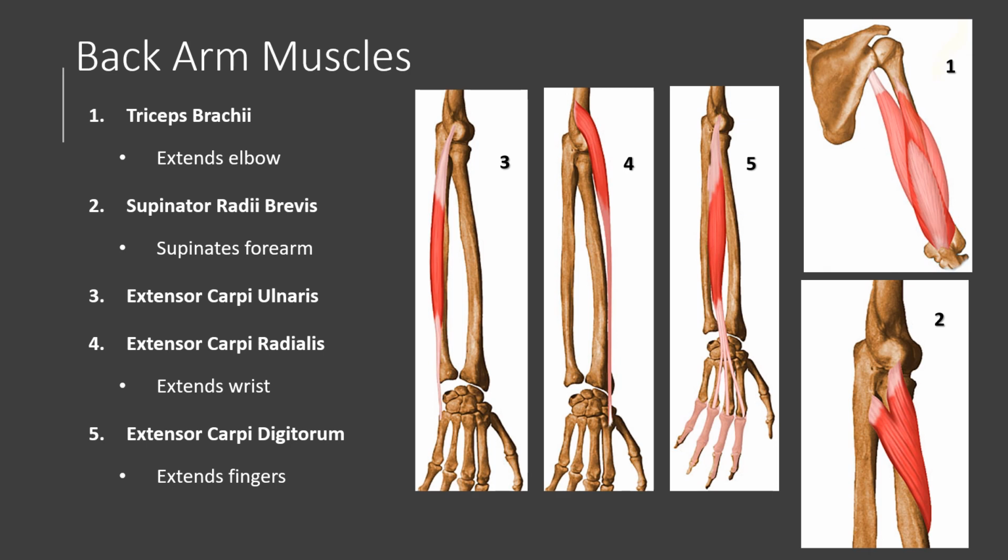And then we have the bigger one, number 5, extensor digitorum, not digitalis, that's something completely different. Digitorum, as we extend the wrist backwards, we can usually see it moving. So if you put your hand in the middle of the arm, you can see that one moving, and that's extending the fingers. So these muscles are on the back of the arm.